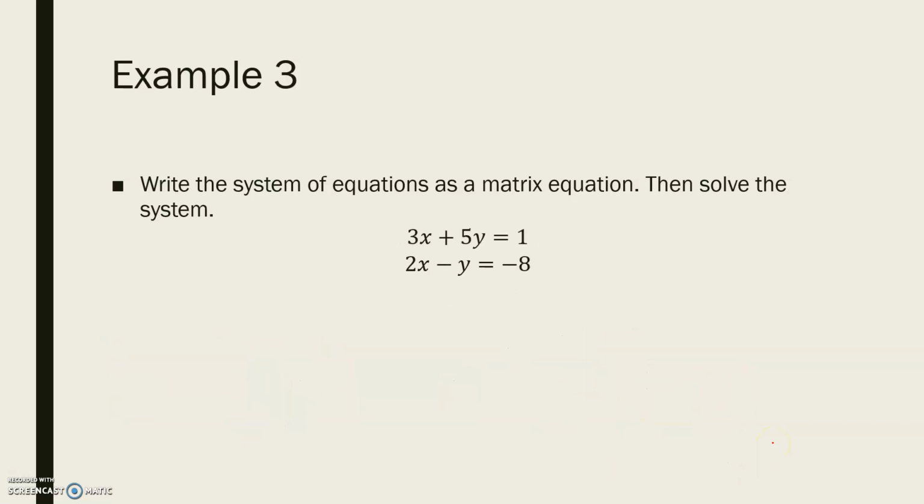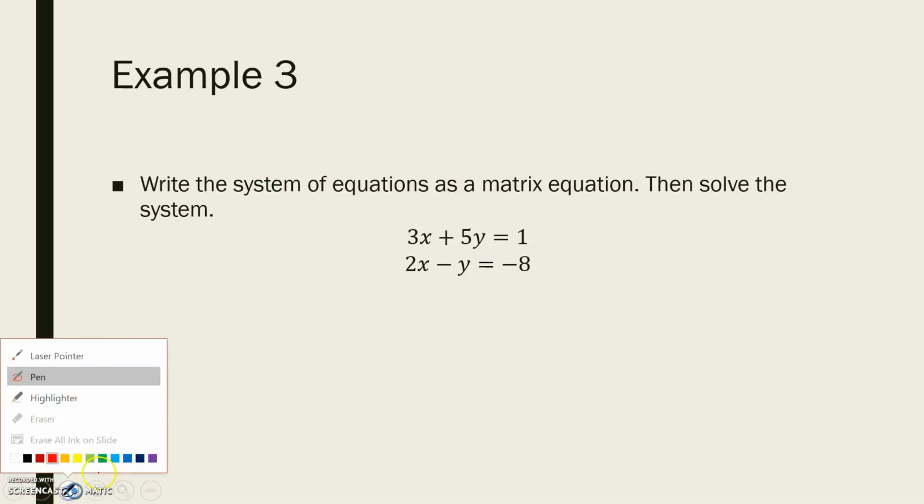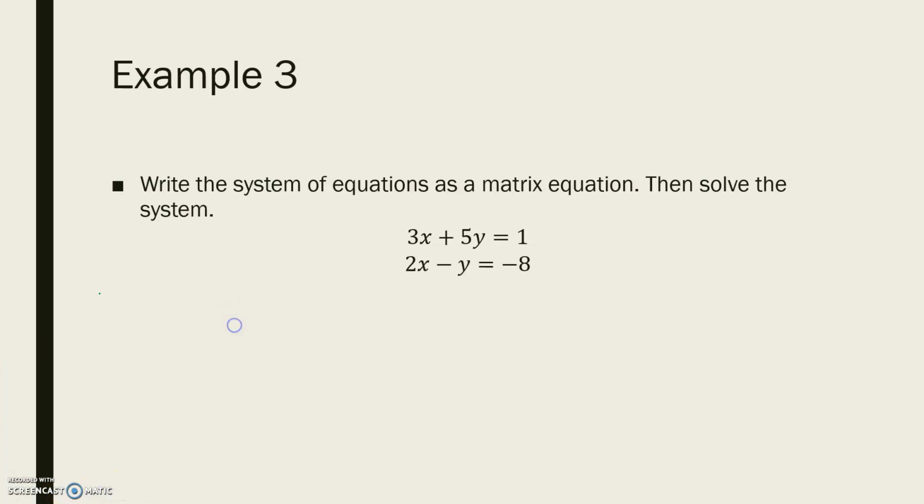All right. Last one, write this system of equations as a matrix equation and then solve the system. So on 2x2s, we're just going to be in the habit of solving them by hand, and on 3x3s, using our calculator to solve them. So when I set this up, this matrix, what is it going to look like?